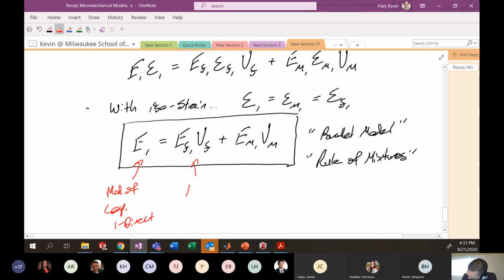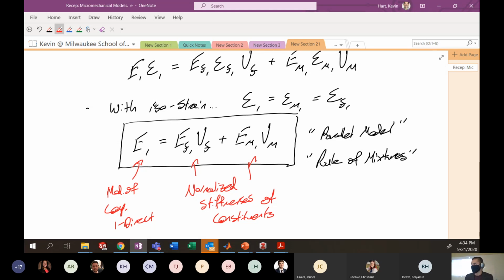So I'll say normalized stiffnesses of constituents. If we put more fibers in, that VF value will increase, and generally the stiffness of the composite in the one direction will increase. If we put more matrix in, that will reduce the volume fraction of the fibers, give you more matrix, and generally reduce the stiffness.